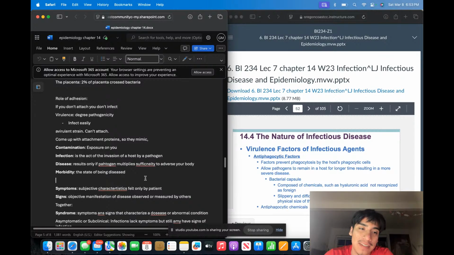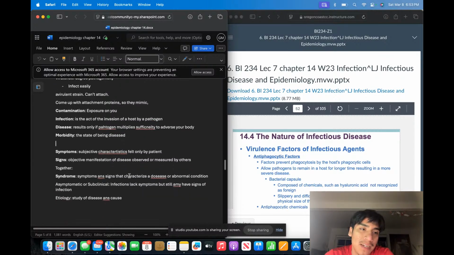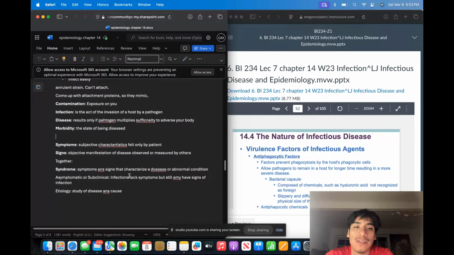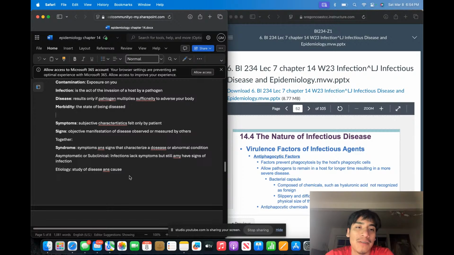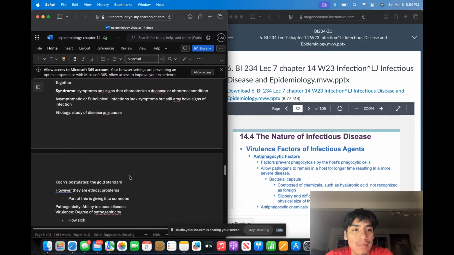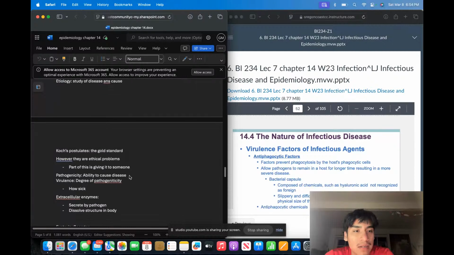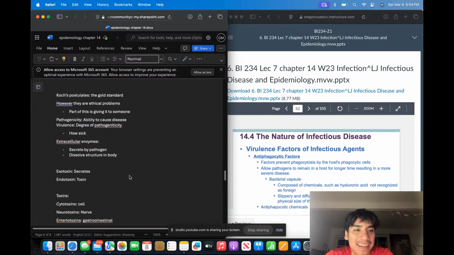Another word for disease is morbidity, the state of being diseased. Symptoms, subjective; signs, objective; syndrome, the two together to characterize a disease. Asymptomatic or subclinical, no symptoms or signs. Why did we go over this? This is literally the same thing.